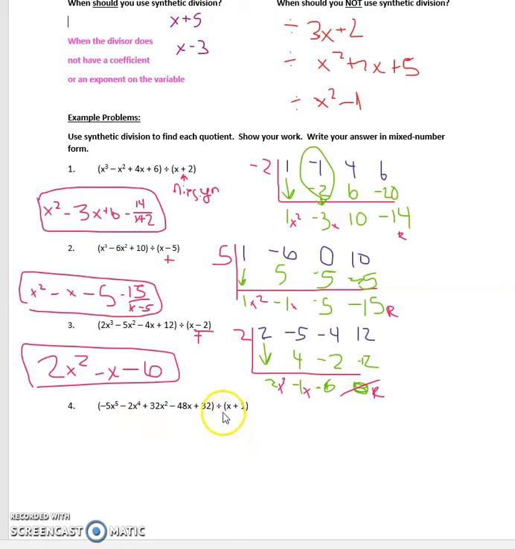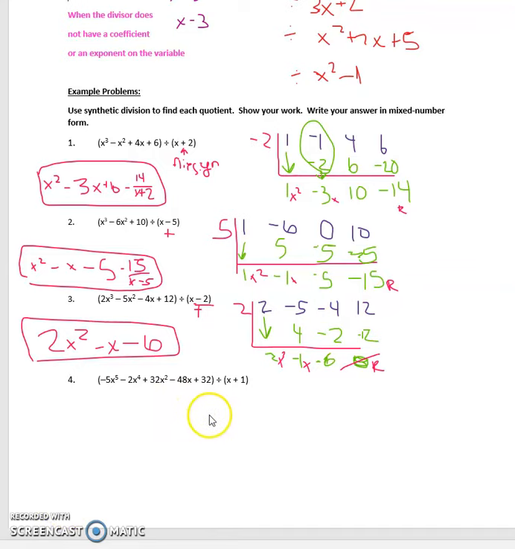One more example. All right. This looks like a long one. So just strap in. This plus 1 is going to become a minus 1. So negative 1, minus 5, minus 2, 0.